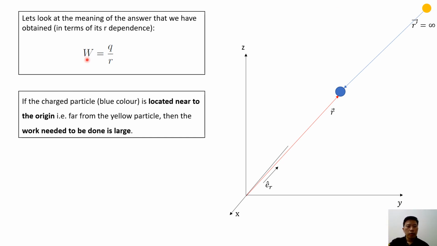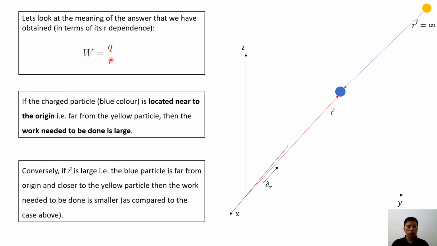In this case, if you look at this equation, my r is going to be small and my work is going to be large. This makes sense because now I'm very far away from this particle, so to attract them I have to spend more work.